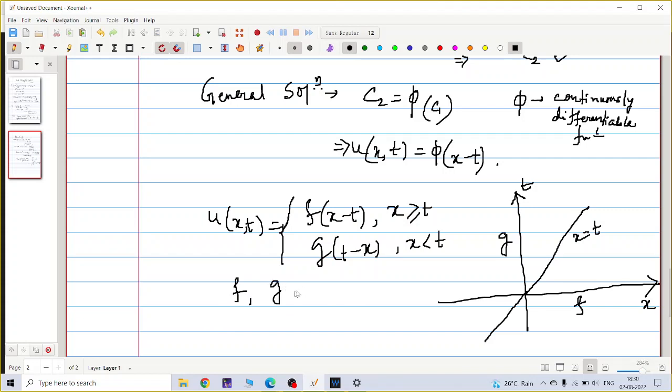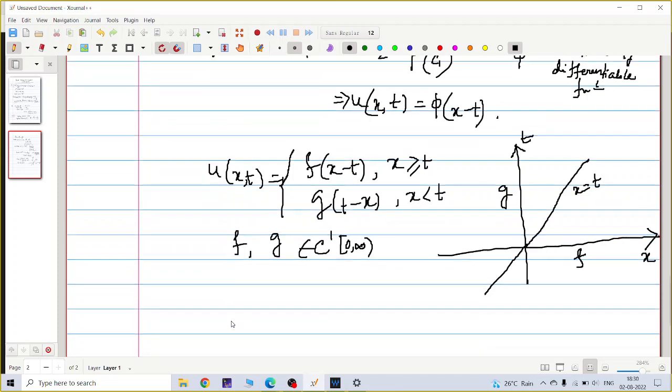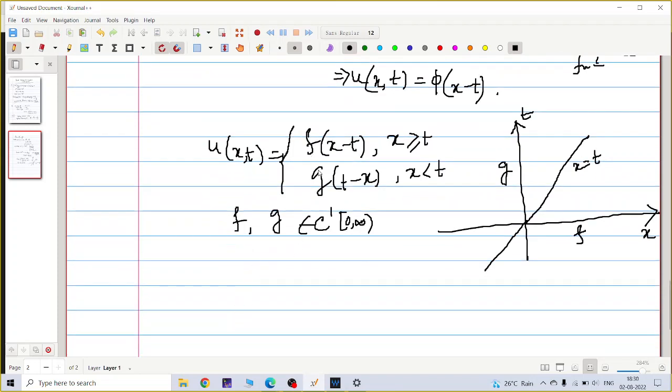C1 means the first order derivatives are continuous. f and g are in C1 on 0 to infinity. If u is a function of x and t given by f and g, then u should also be C1 from 0 to infinity everywhere. That is, at x equal to t also, u should be continuous and differentiable.